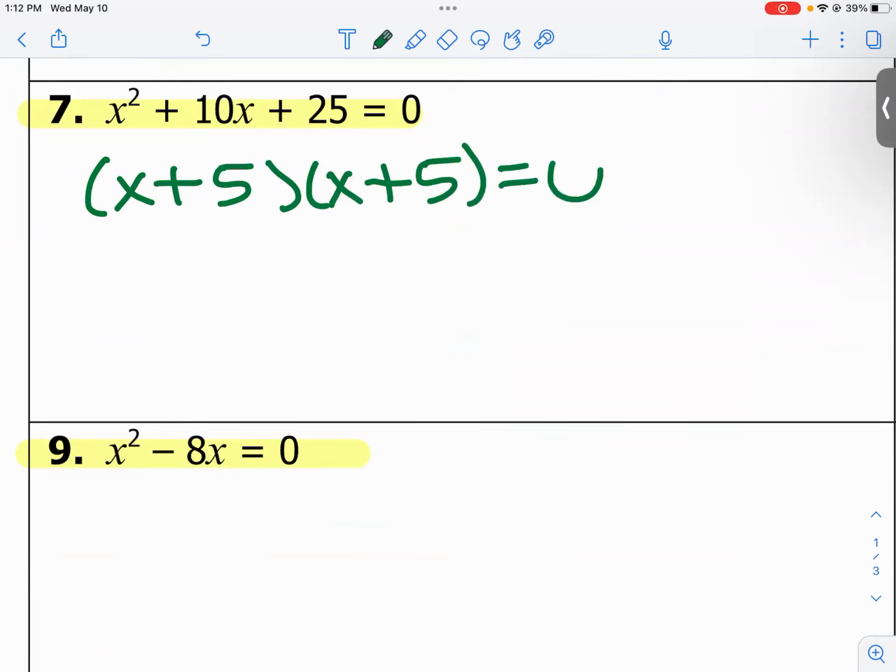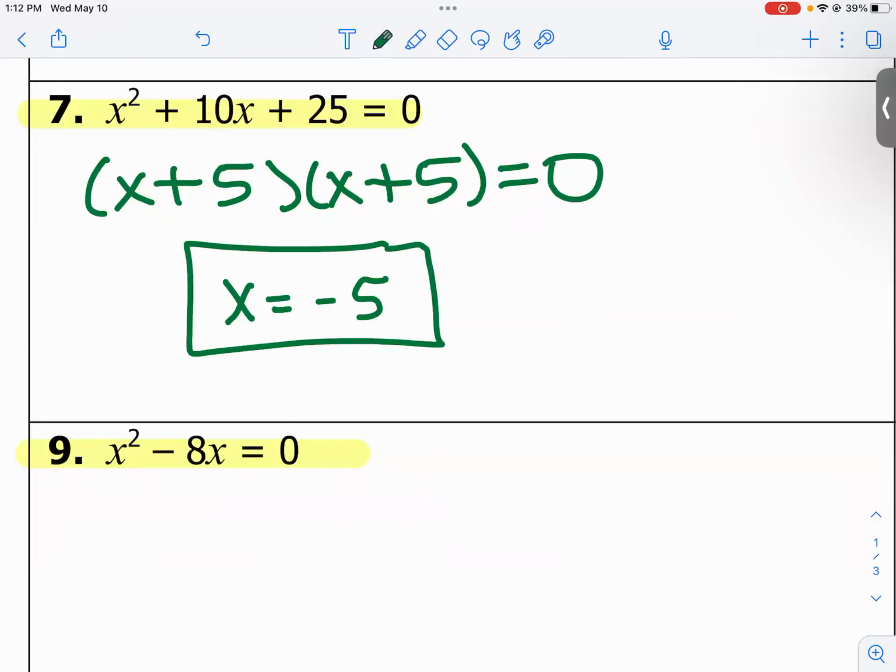Number 7. We already talked about how this factors to x plus 5 times x plus 5. So what happens when you set these equal to 0? What do you get? You get negative 5 twice. So you only have to write one of them. Raise your hand if you can describe to me what this looks like on the graph.